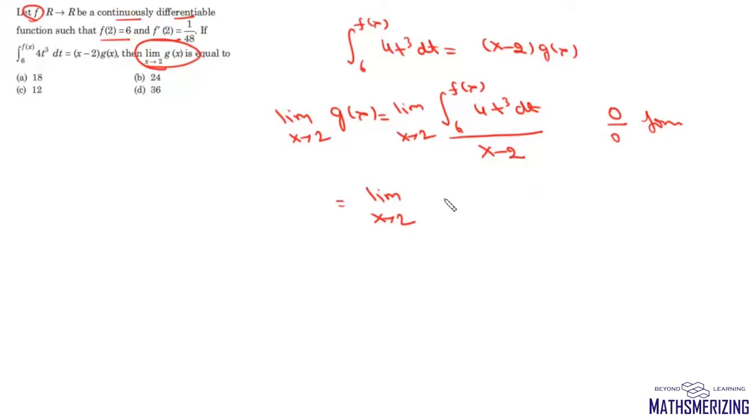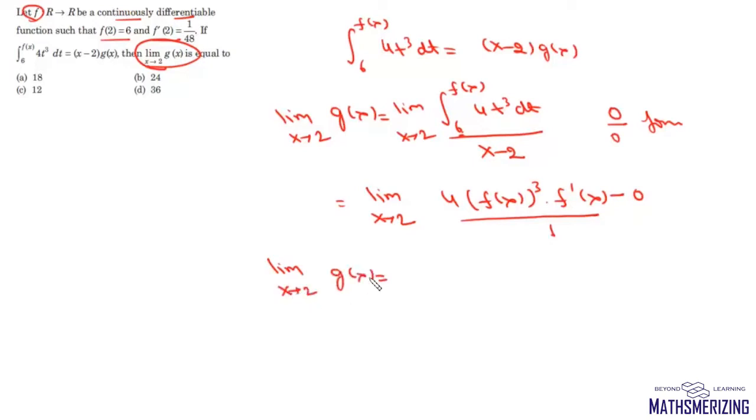So it'll be 4 and then f(x) cube into f'(x) minus, and here the lower limit is constant, so the derivative of the lower limit will be 0, upon 1. So this limit x tends to 2 of g(x) will be 4 f(2) cube into f'(2).